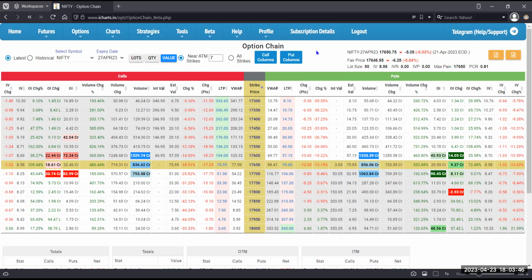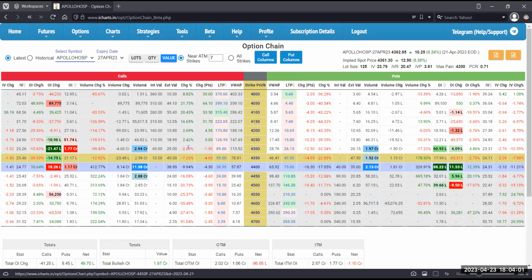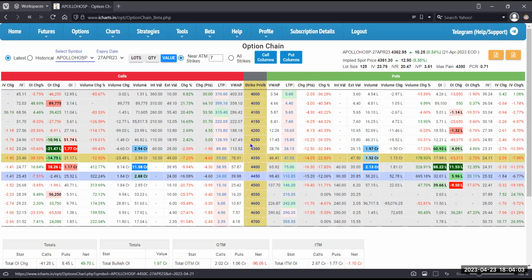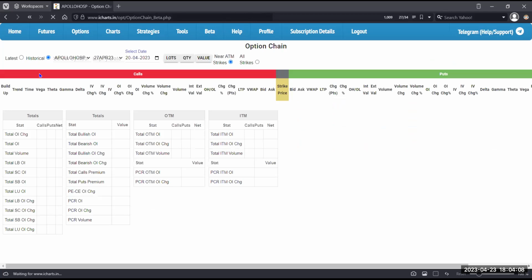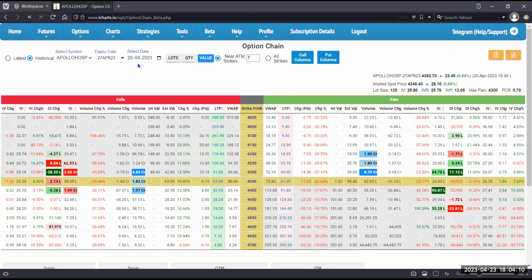Last time you also asked me if I would like to give some ideas on how I am using this. Sure. So how can I see yesterday's highest? Apollo Hospital, right? This is for the 21st today. You click on historical, and it will automatically go to the previous day.